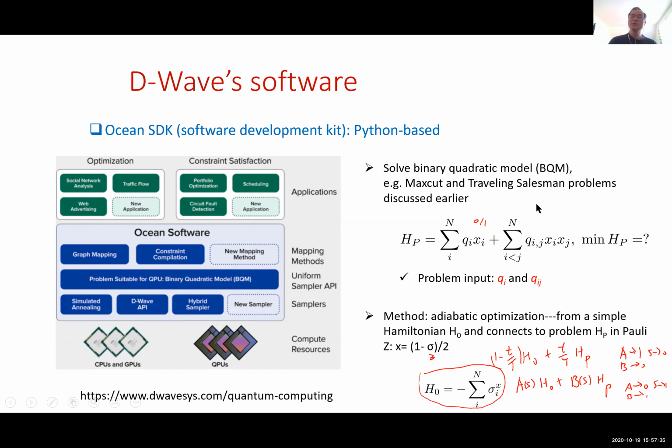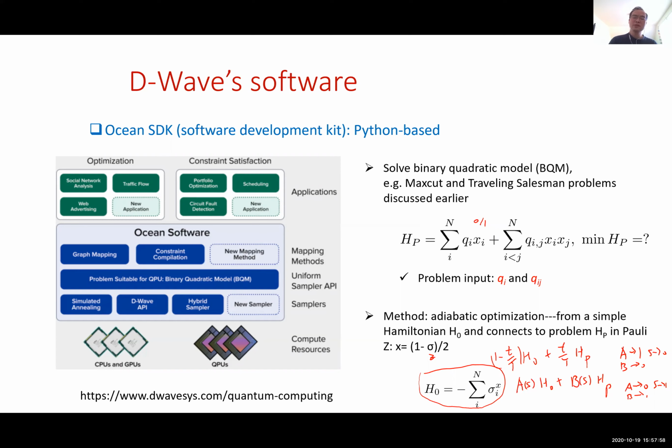As long as you can turn it into a binary quadratic model, then they will be able to use the so-called annealer to start with the ground state and then gradually change the time schedule, so hopefully it would end up with the ground state of the final Hamiltonian.